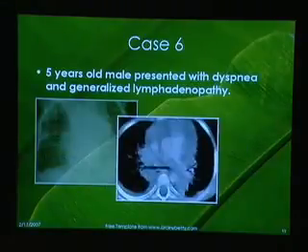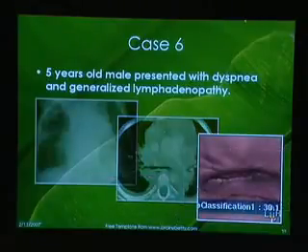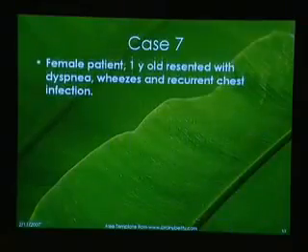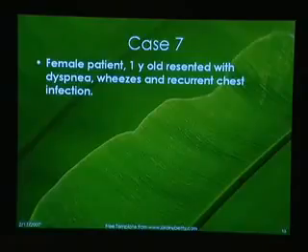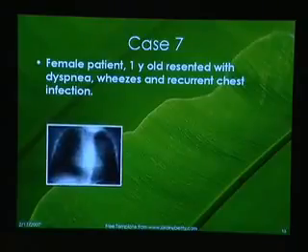This is a case of generalized lymphadenopathy. On the mediastinal window showing the lymph nodes, and on virtual bronchoscopy you can see the mass effect or the external indentation on the airway by the enlarged lymph nodes. Last case is a 1-year-old presented with dyspnea and wheezes.